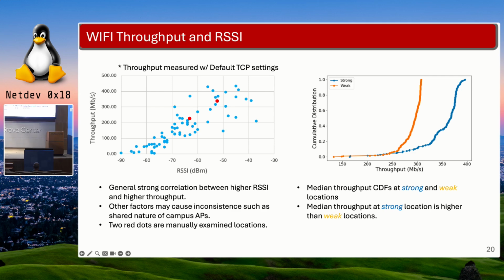We have 2 CDF curves here, with throughput on the x-axis and the cumulative distribution function. We can see the median is apart by around 100 megabytes, so the median throughput is much higher at the strong location than at the weak location.